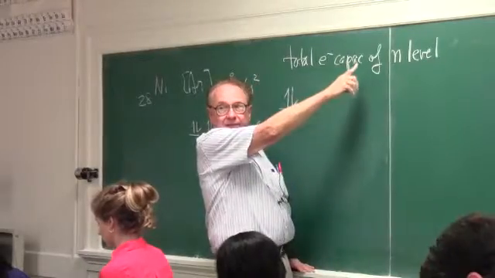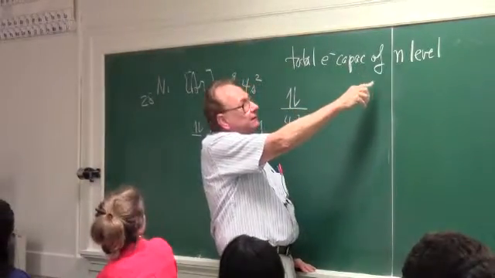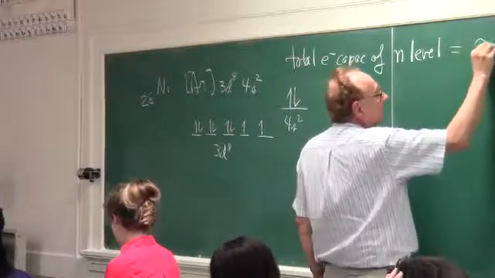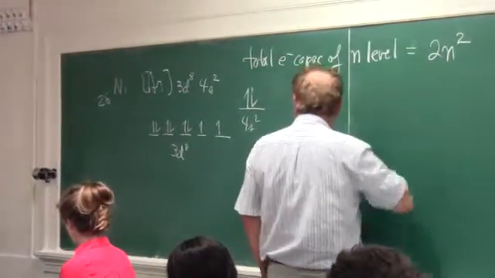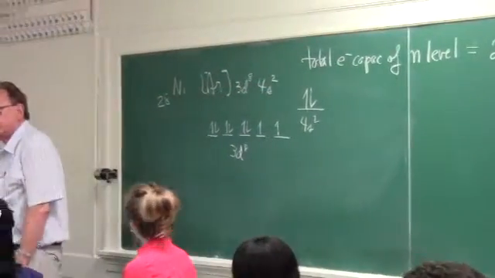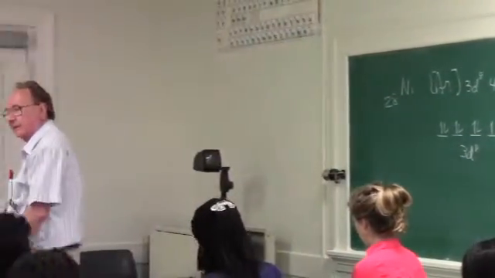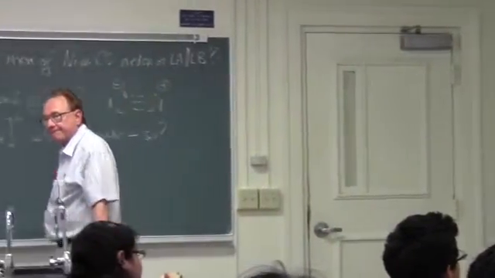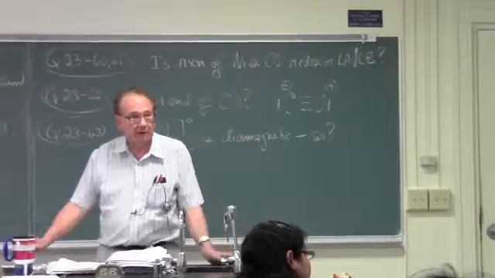Energy level identified by principal quantum number n. Two n squared. What n are we talking about for nickel? 4.